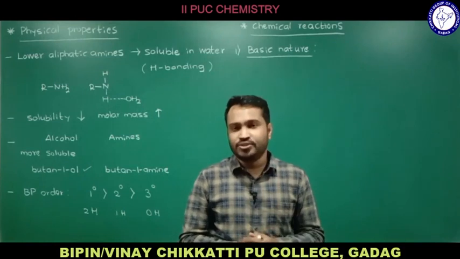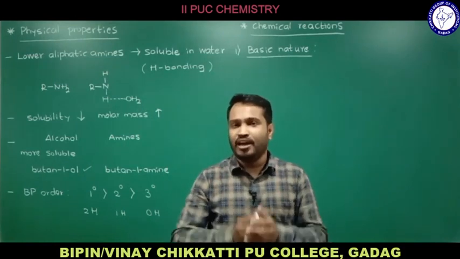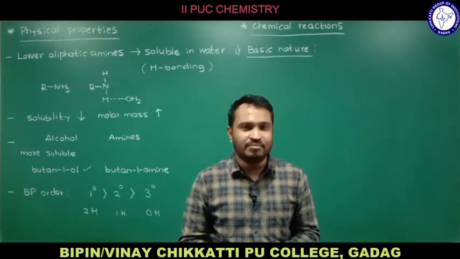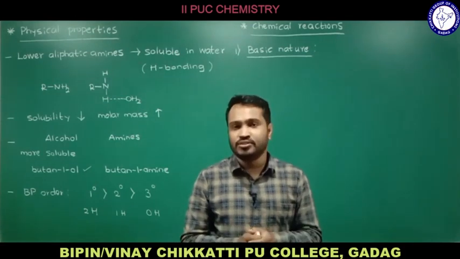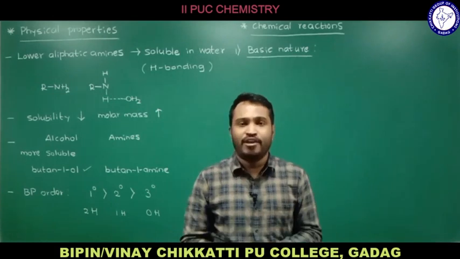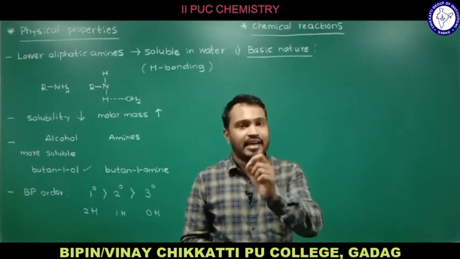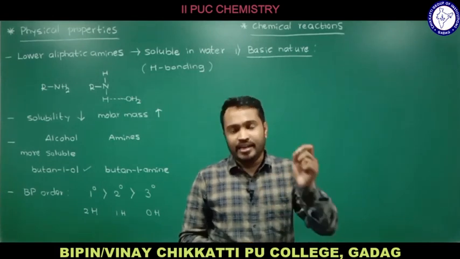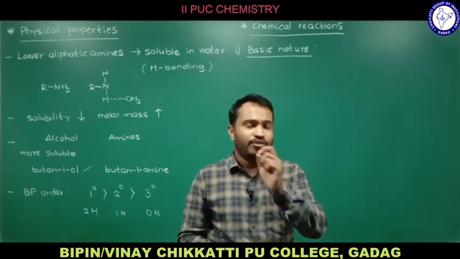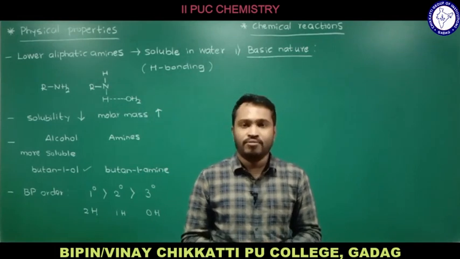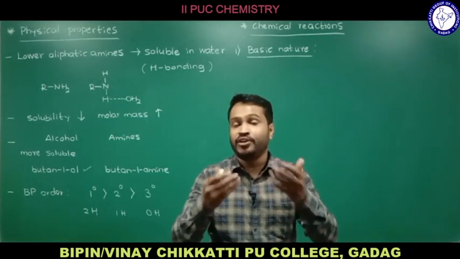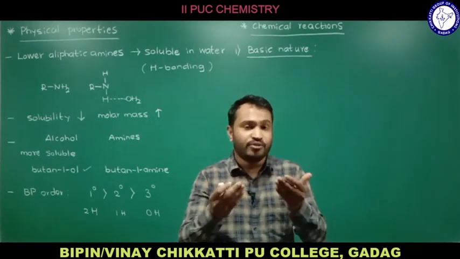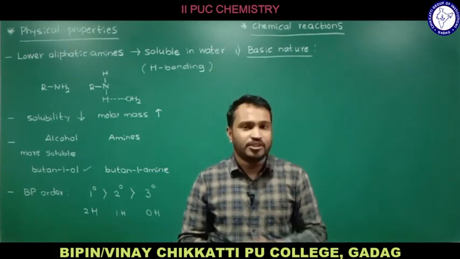Any substance which donates a pair of electrons is considered a base according to Lewis theory, whereas any substance which accepts a pair of electrons is considered an acid. Ammonia is a Lewis base since on nitrogen we have one lone pair of electrons which is easily available for protonation. That lone pair of electrons can be easily donated. Because of that, ammonia is a Lewis base.